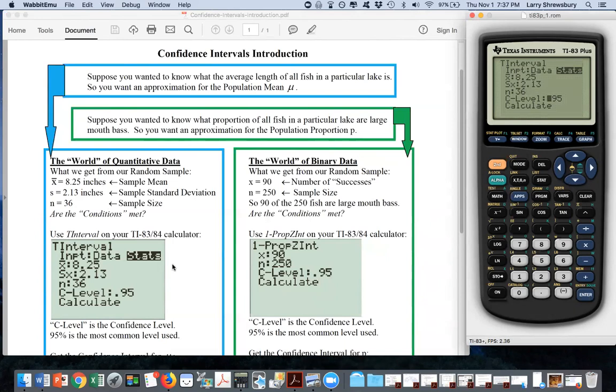Now, you'll be given a confidence level. Let's say construct a 95% confidence interval for the average length of all of these fish. So you'll put in 0.95. Then all you've got to do is highlight calculate, hit enter. Wait a little bit as it does all that calculating for you.